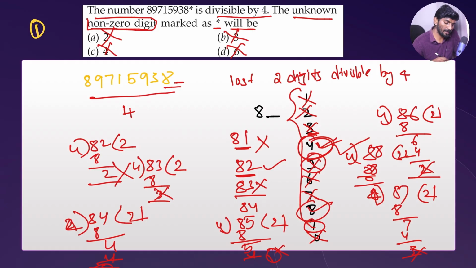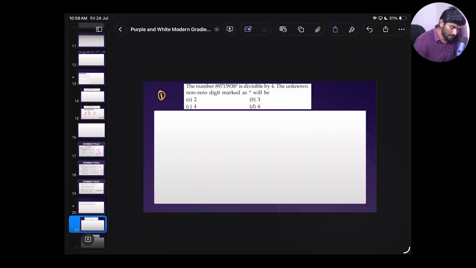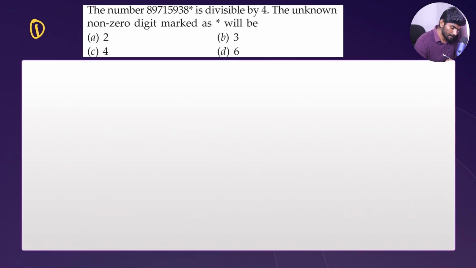And 0, he already mentioned non-zero digit. So we have options 84 and 88.